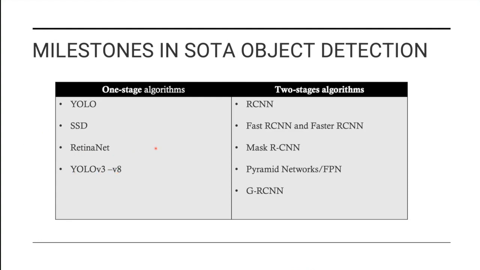SSD and RetinaNet are also the type of algorithms that we call one-stage algorithms. And the RCNN family, such as Fast RCNN, Faster RCNN, plus Mask RCNN, and pyramid networks, are the type of algorithms that we call two-stage algorithms.